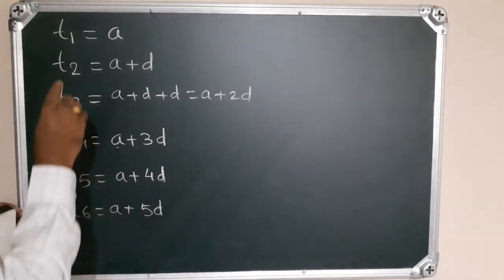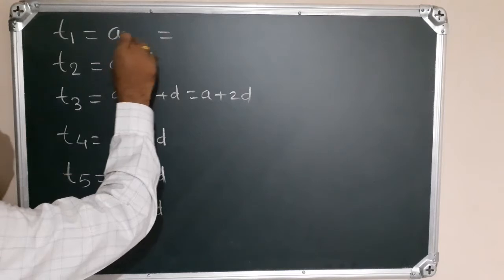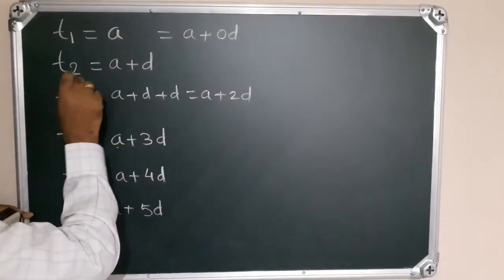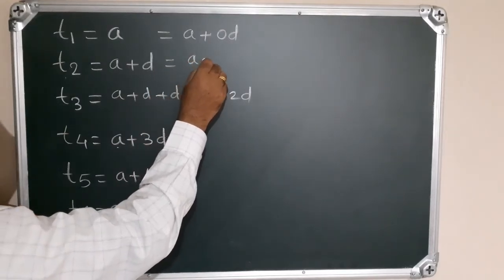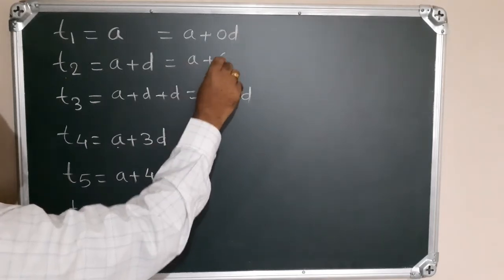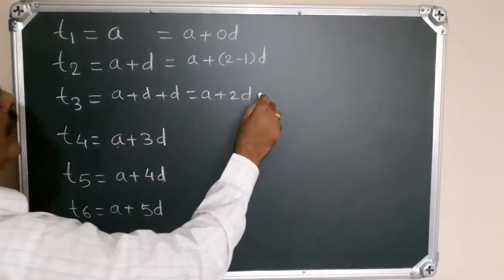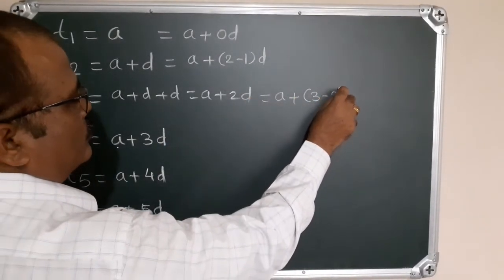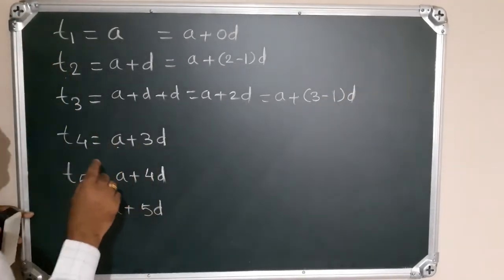Now see here, in T1 there is no d, so this can be written as a plus 0d. T2 is a plus 1d, that means 2 minus 1 into d. T3 can be written as a plus 3 minus 1 into d.